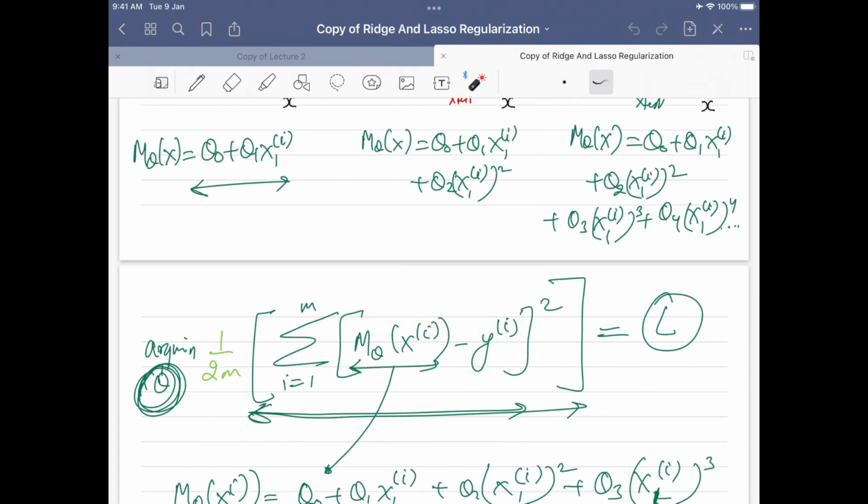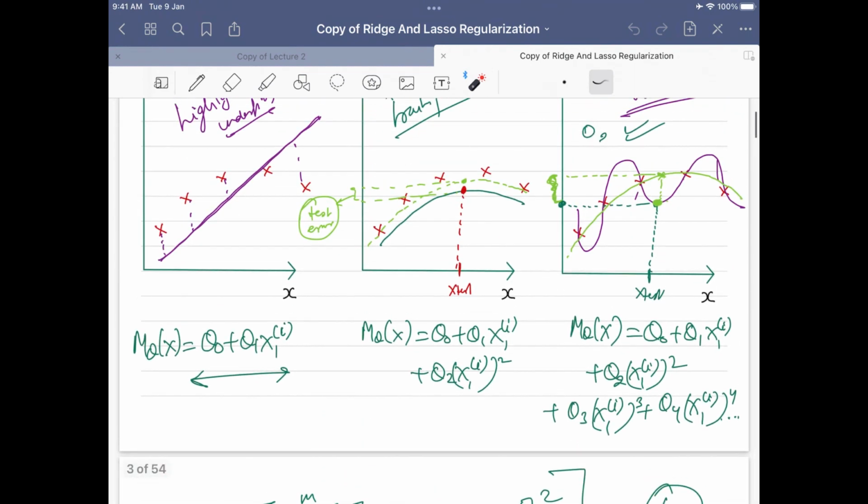So you all know what this cost function is all about. We will try to see how we can modify these values of theta 3 and theta 4 so that we can come into this type of situation where we have just an okay curve. So let us see that.